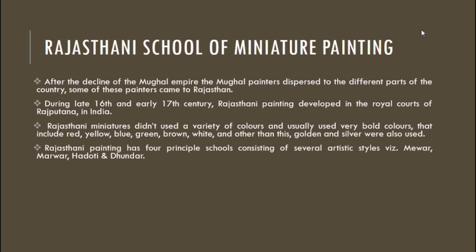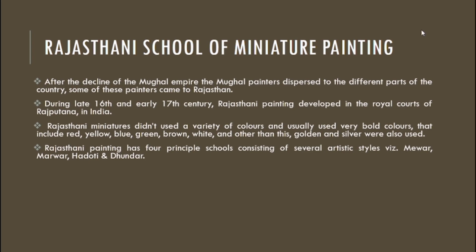First, there are Mughal and Rajasthani miniature paintings which had differences and similarities. Now we are seeing the Rajasthani school of miniature paintings, which has 4 schools under it, which also have certain stylistic features, and those features have certain similarities and differences between them.